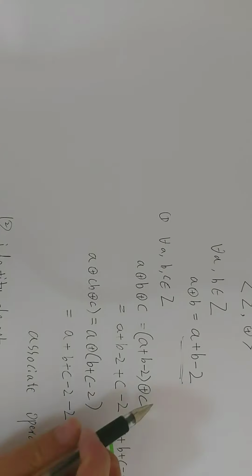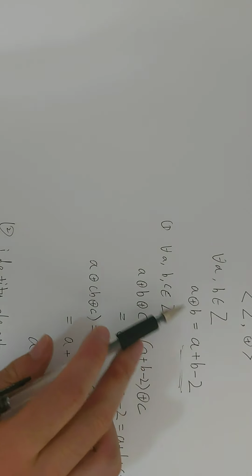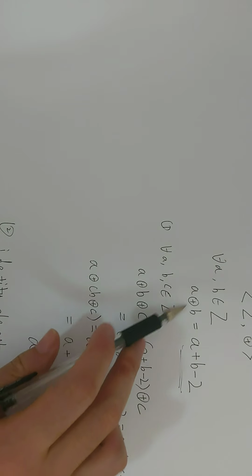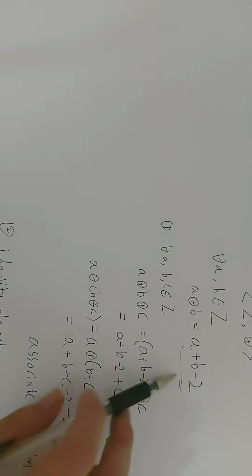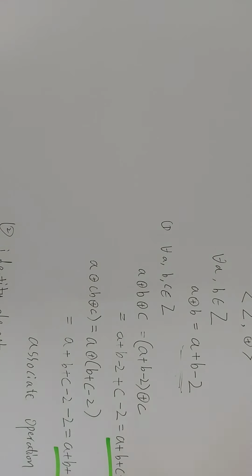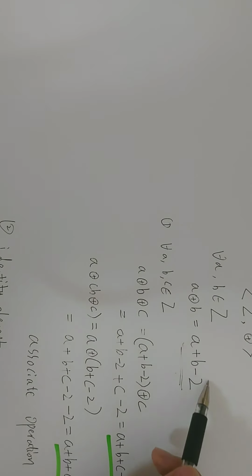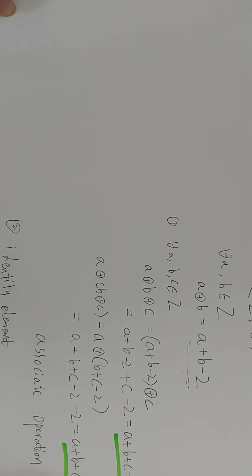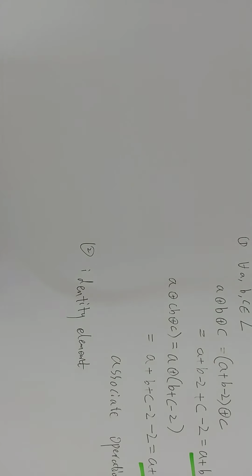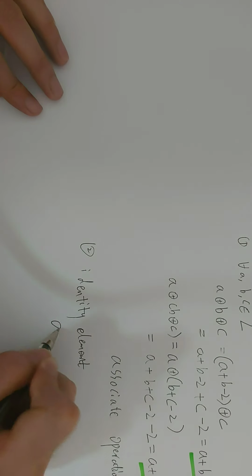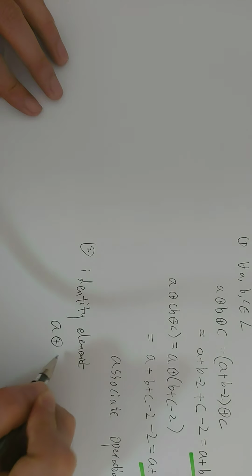We see A special plus B is A plus B minus 2, so I guess the identity element must have something to do with the number 2. So we assume the identity element is 2 and calculate the result.